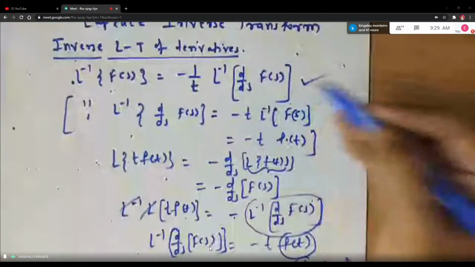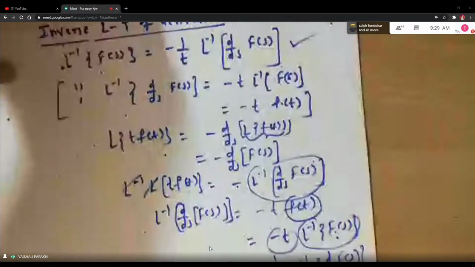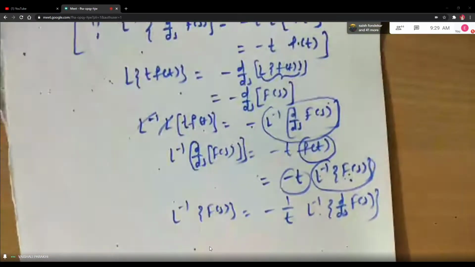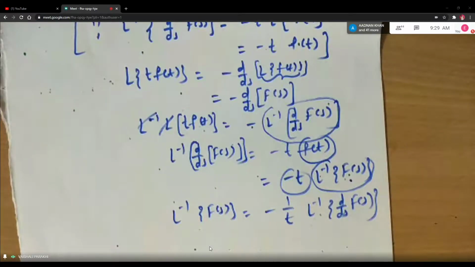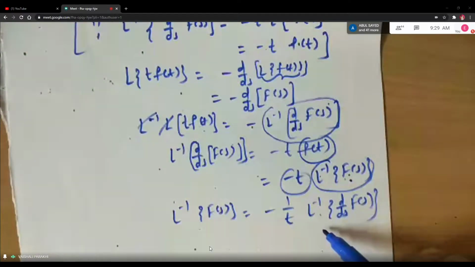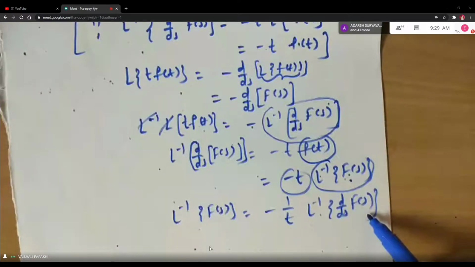And this is nothing but the formula which is given in the first step. So remember this formula, students. L inverse of F of s is equal to minus 1 by t L inverse of d by ds of F of s.